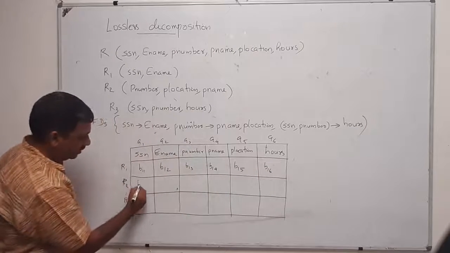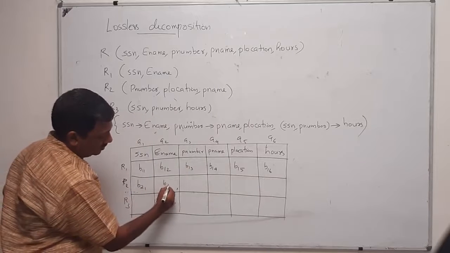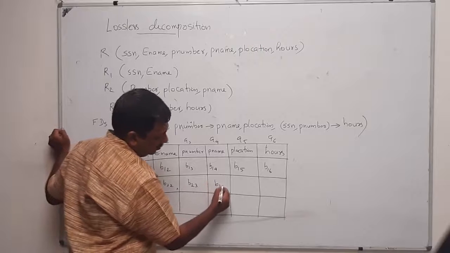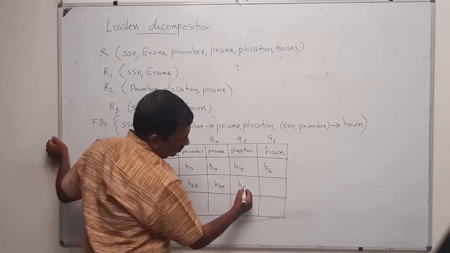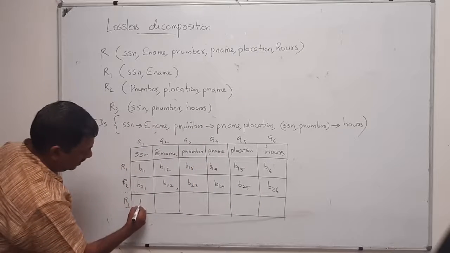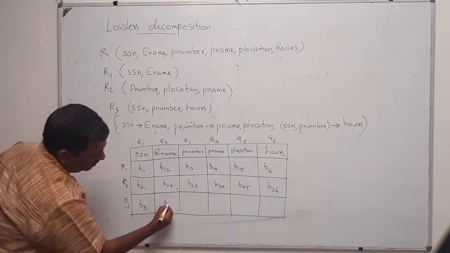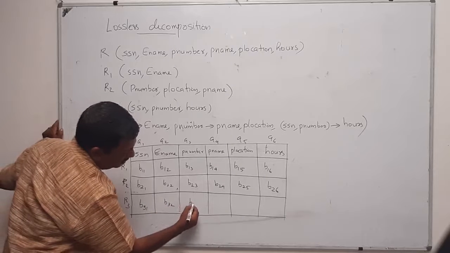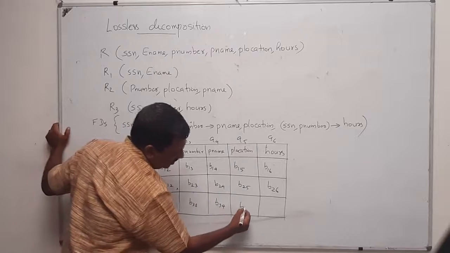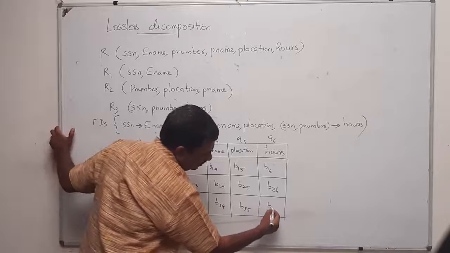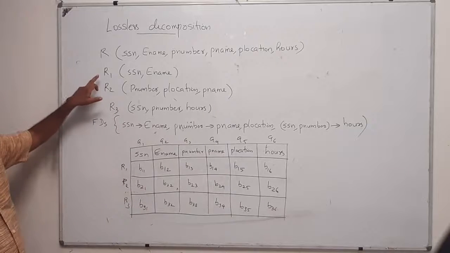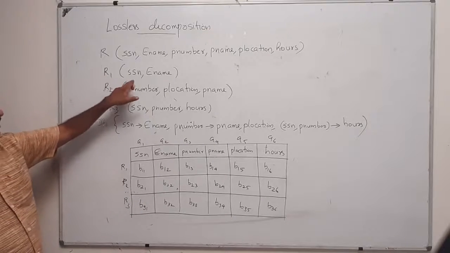This is B21, B22, B23, B24, B25, B26. This is B31, B32, B33, B34, B35 and B36.